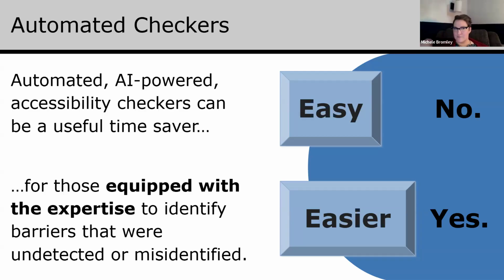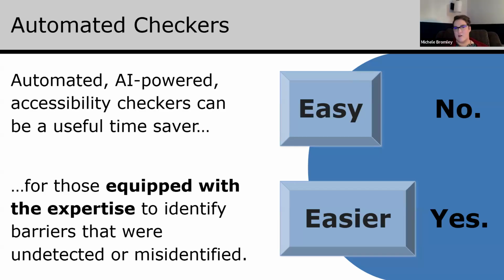It comes down to this. Generative AI and other AI-powered accessibility tools can absolutely be useful time savers, often extremely effective in cutting down on repetitive and basic remediation work.